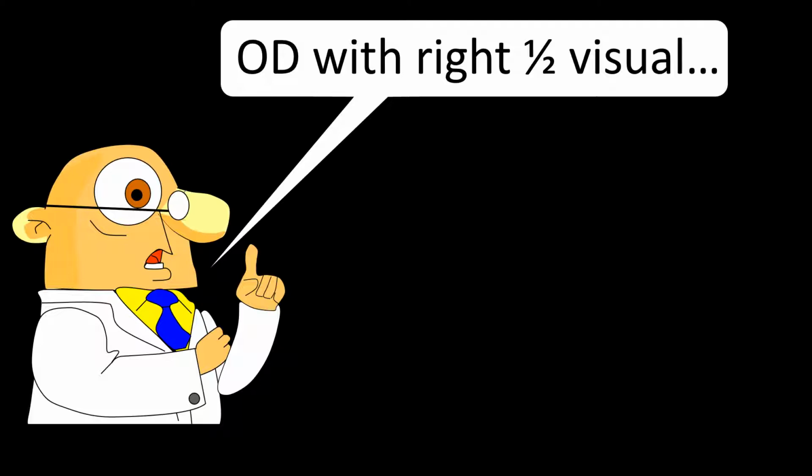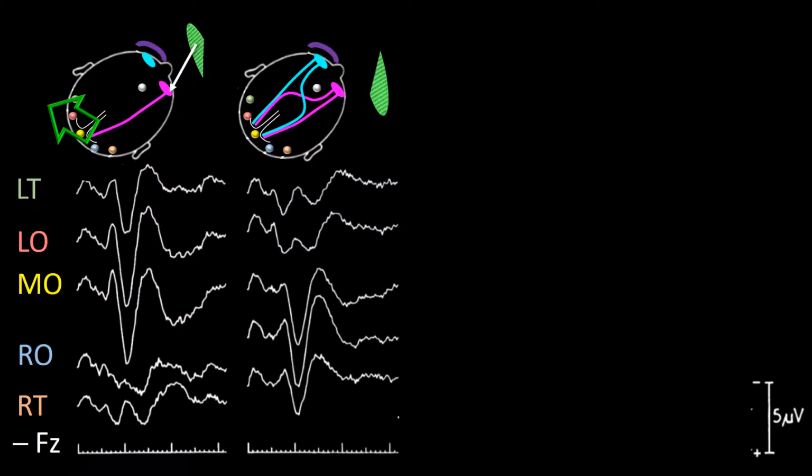Now, let's see what happens when evaluating the right eye by a stimulus confined to the right half of the visual field. As you can see, I have just jumped right into the wave formation.